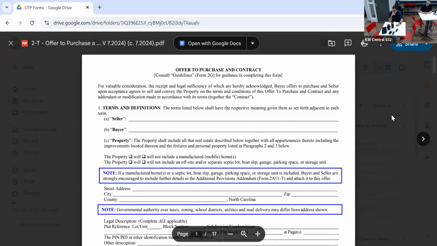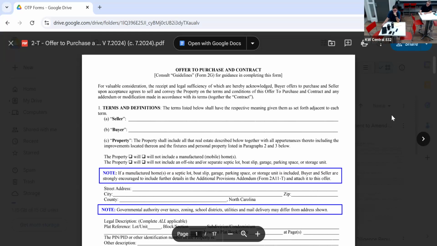So seller is whoever owns the property. If the property is in a trust, the seller is the trust. Okay, so if the property is owned by an entity, the entity is the seller.